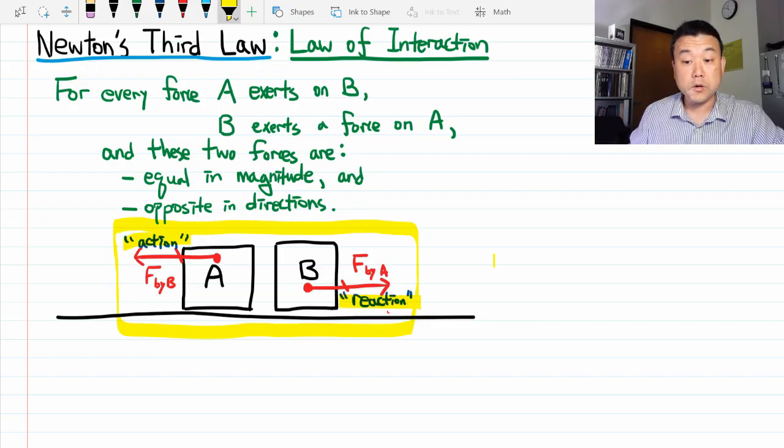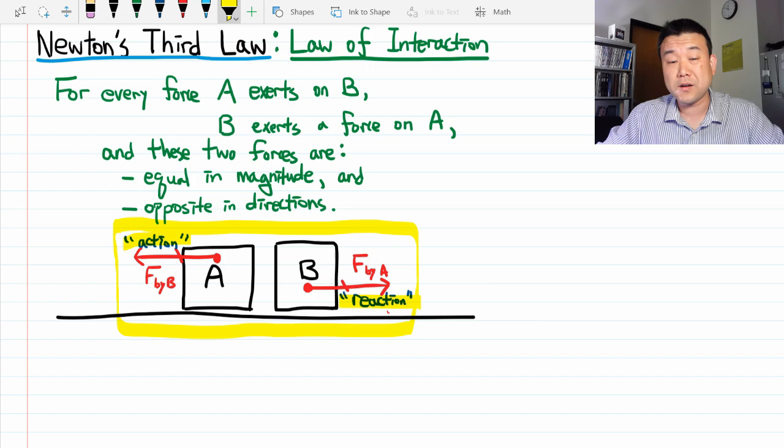If you correctly identify the action and reaction force, that's what you're going to see: if you swap the labels around, those swapped labels should still make sense. This ensures that you haven't mistaken the relationship between action force and reaction force as being a relationship between a cause and effect or cause and result kind of relationship, because they are not.